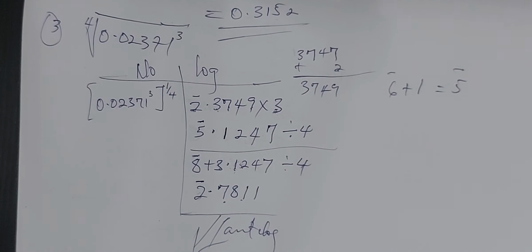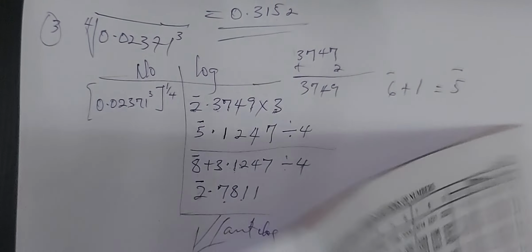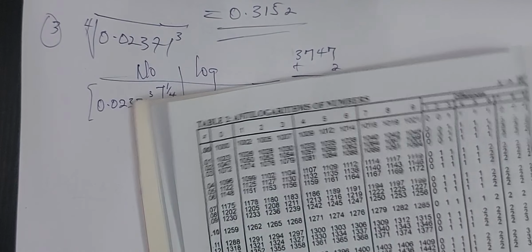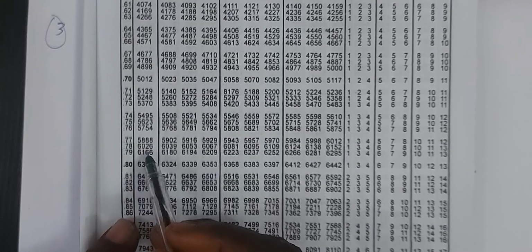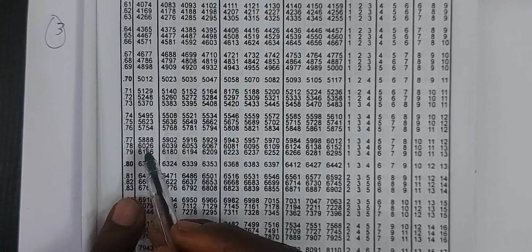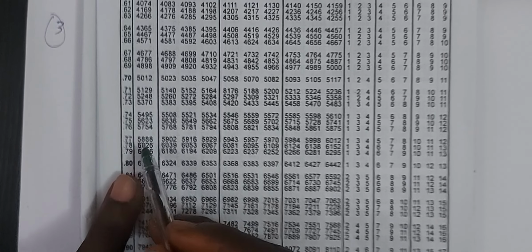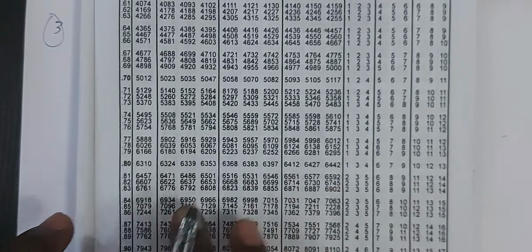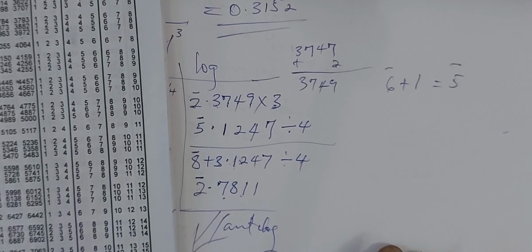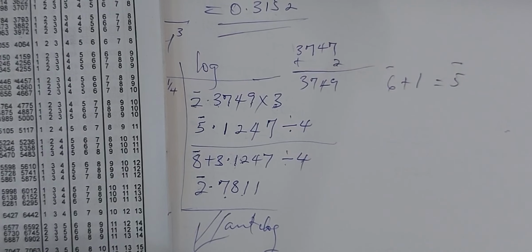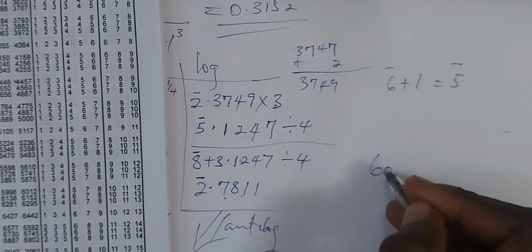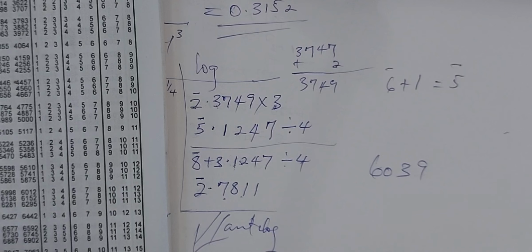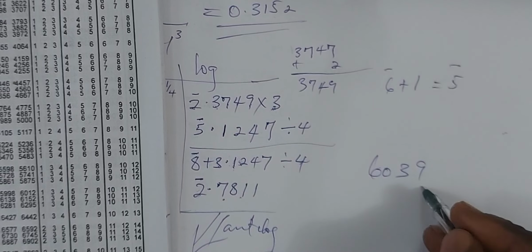Antilog of 78 under 1 is 60, 39. Under 1, difference 1 is still 1.